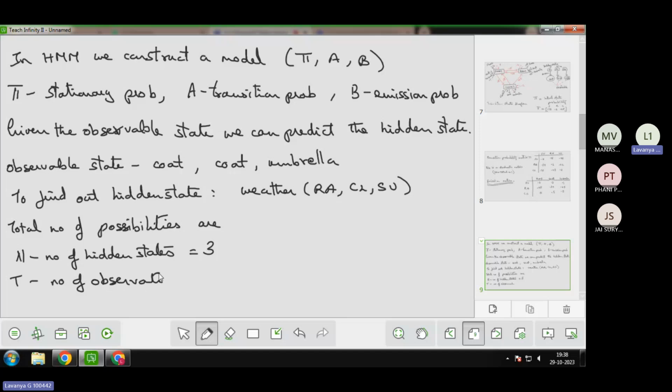How many observations are we making? That is also 3. So here our requirement is n to the power T, so it is 3 cubed, so 27, which is high. Whichever probability is high, that will be taken as the hidden state. So for this, we have to consider 27 such combos.